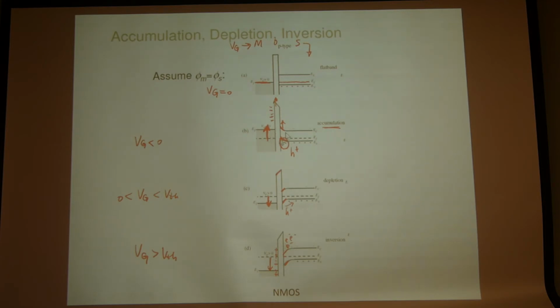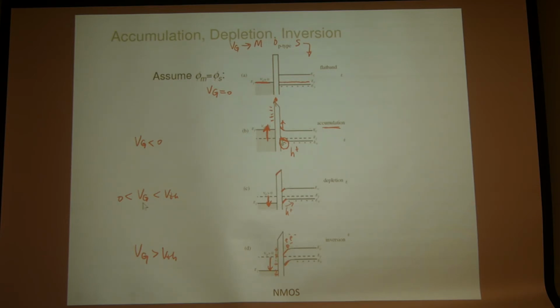And then the other bands will bend up like this. So here, in the valence band, you will get more holes. Holes are the majority carrier in the P-type substrate, so more holes are accumulated at the surface. So this is accumulation.